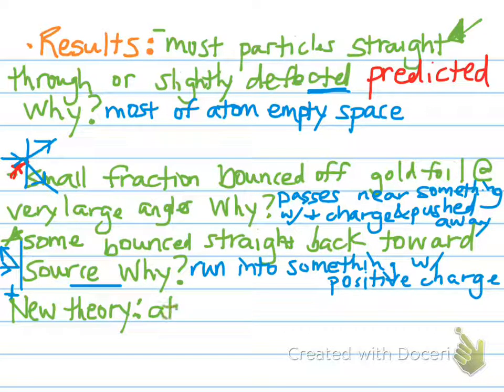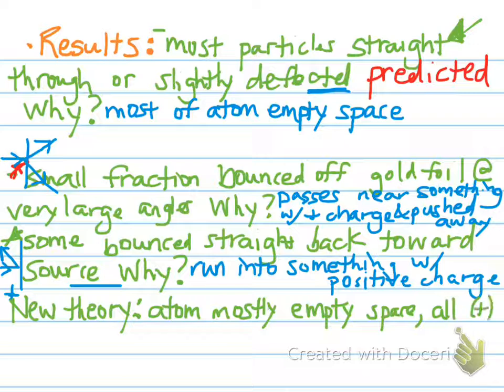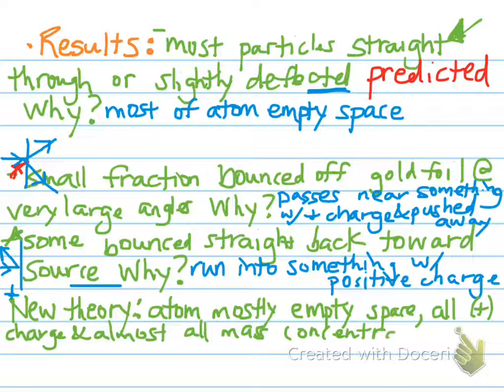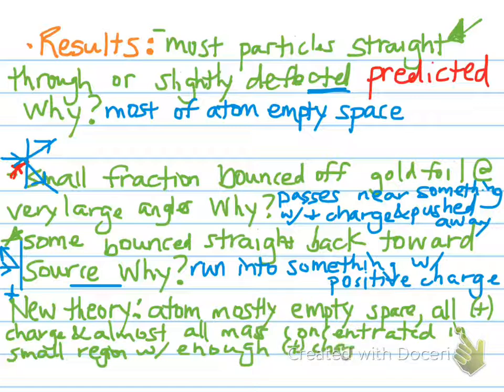And he says that the atom is mostly empty space, all the positive charge and almost all the mass are concentrated in a small region with enough positive charge to deflect those alpha particles.